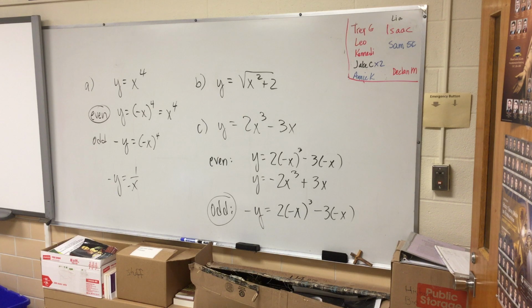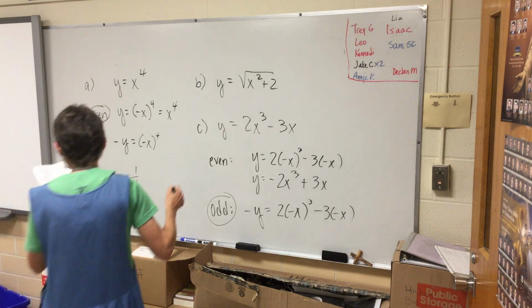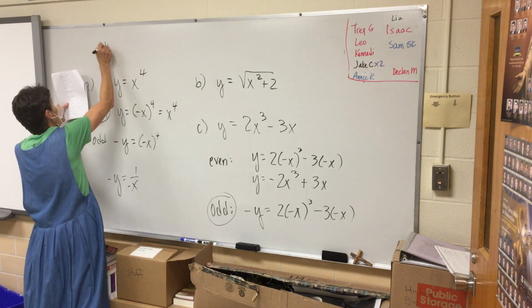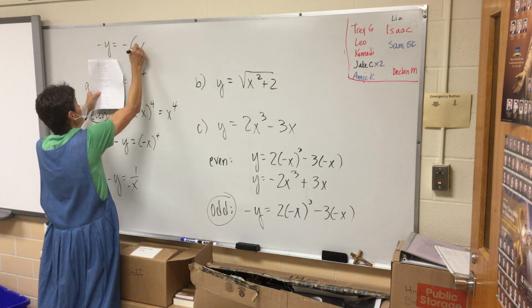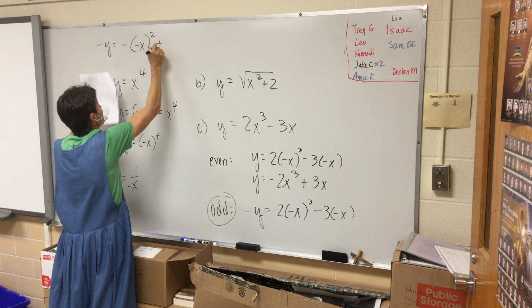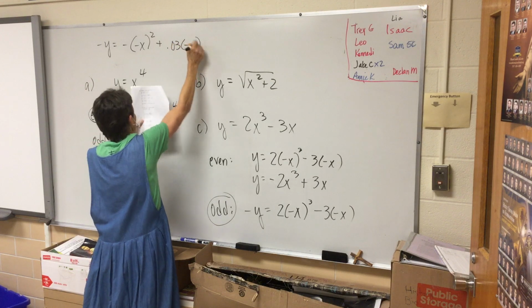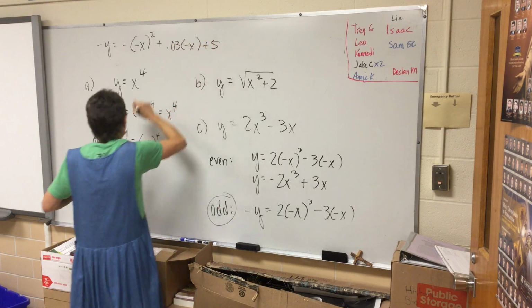But isn't it going to change the middle term? So I don't think it's even, because a negative x is going to change it. What if I change both signs? I don't think so. Because if I change both signs, I'm going to have negative y equals negative x squared plus 0.03 negative x plus 5.